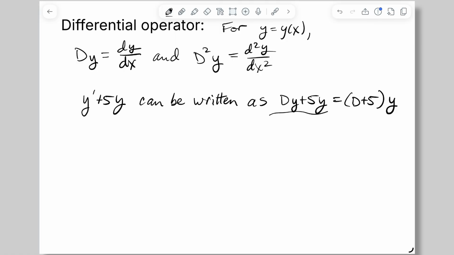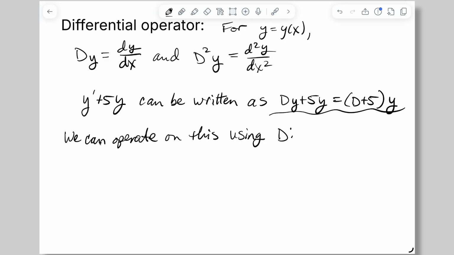Given this expression, we can operate on it using D. And the result would actually just be to increase the order of each derivative. So D acting on D plus 5, which is acting on y. I'll be a little formal here, but we're going to skip this in the work that we're going to do in our examples. But D acting on D plus 5 acting on y is D acting on Dy plus 5y.